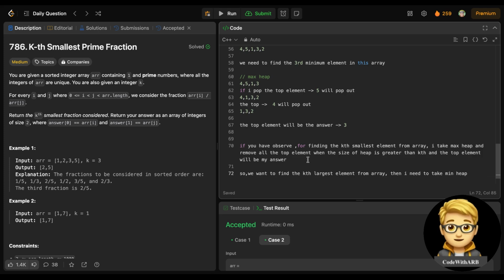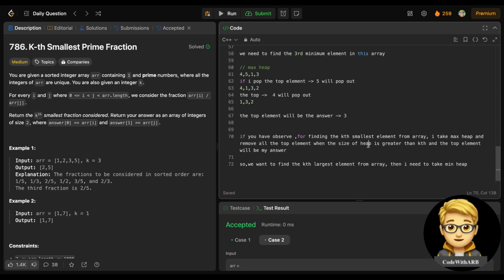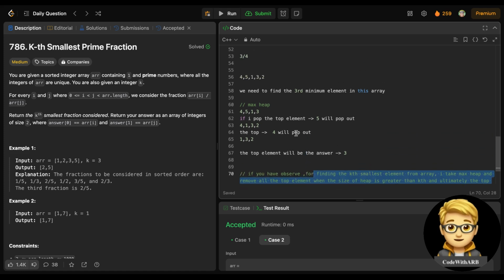Whenever the size is greater than k, we will remove the top elements, and ultimately the top element will be the answer, right? So this vice versa will also be true. The same approach will be applied.